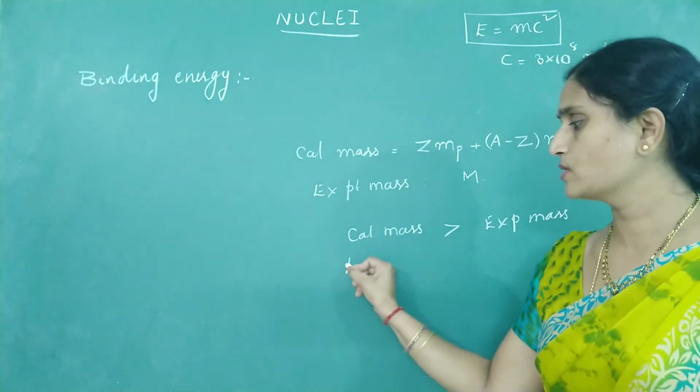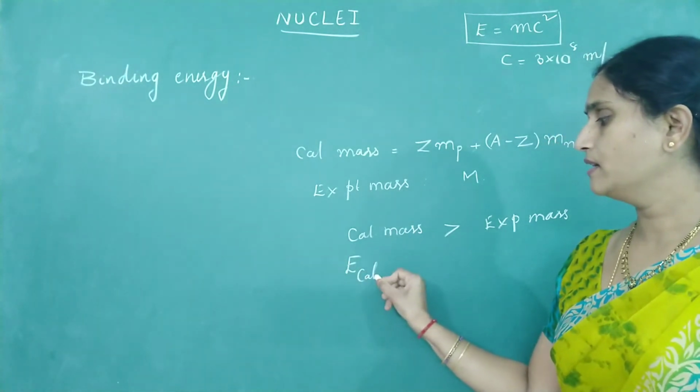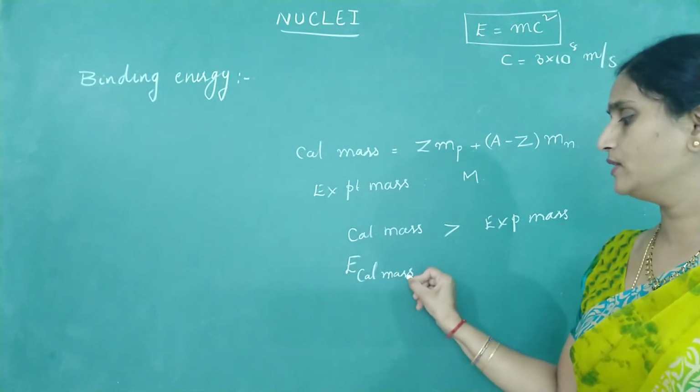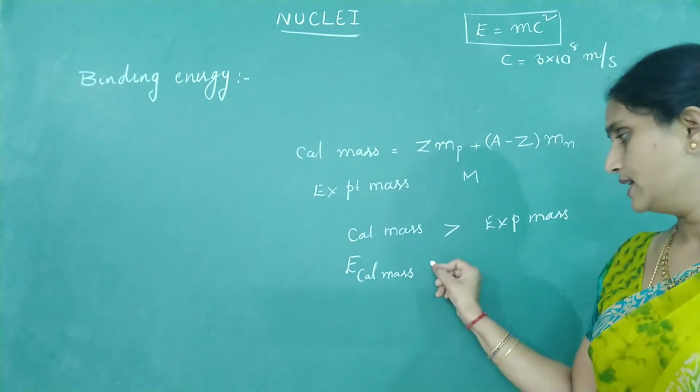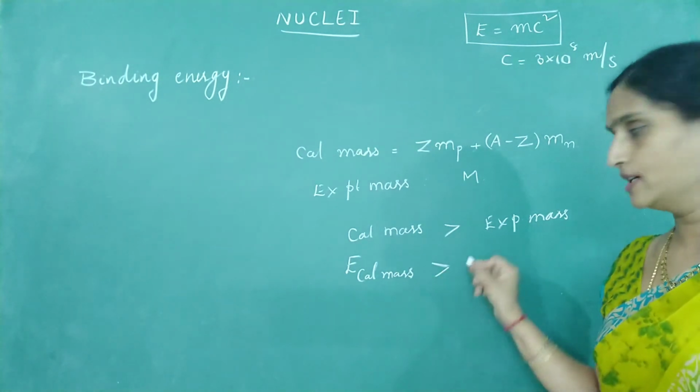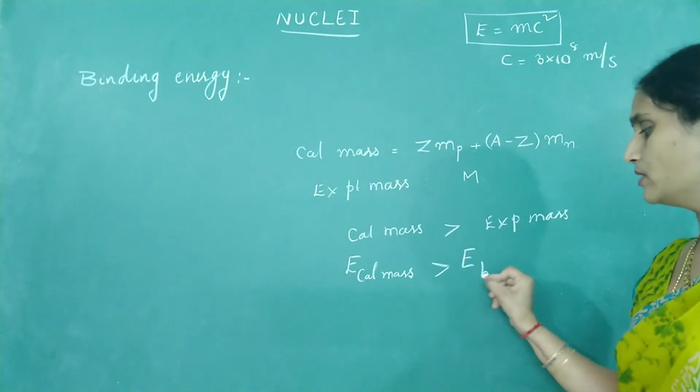The energy associated with the calculated mass of individual nucleons inside the nucleus is greater when compared with the energy of the bound nucleus.